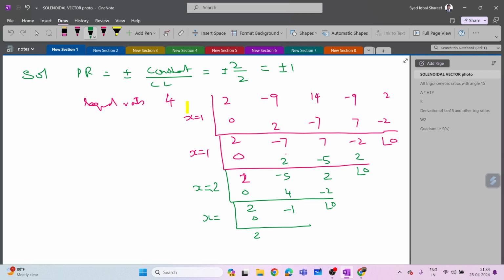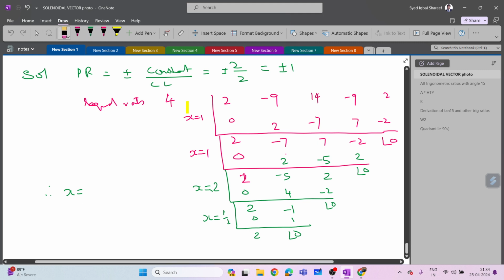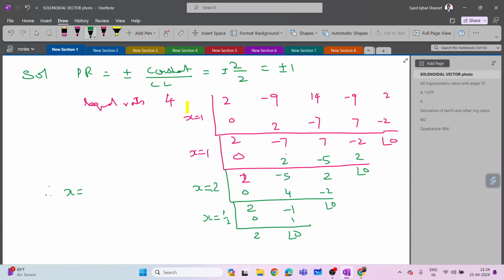It should be 1 by 2. 1 by 2 into 2 is plus 1 minus 1, gone. So therefore 1 is a repeated root. So 1, 1, 2, half are the required roots using the rational root theorem.